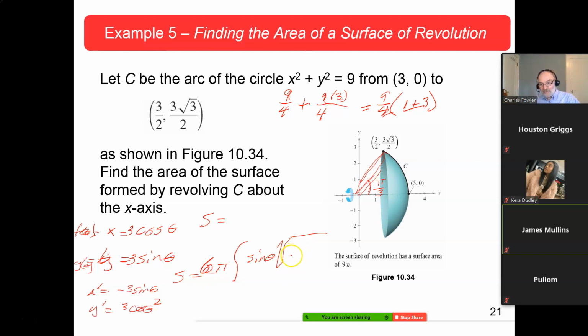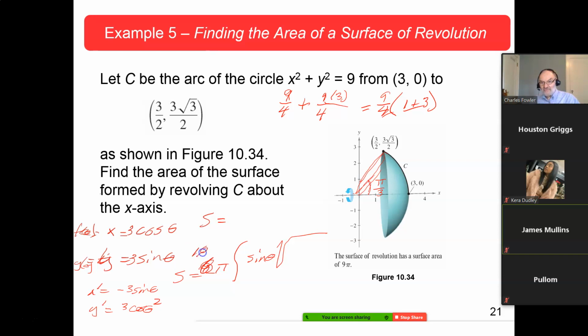And that's what you're squaring under here. So you're going to have a 3 squared and a 3 squared, and that'll be a 9 and a 9. Factor that out. So the square root of 9 is 3.